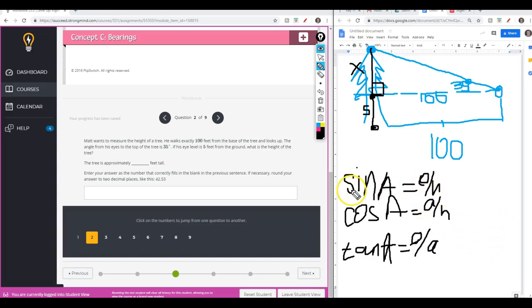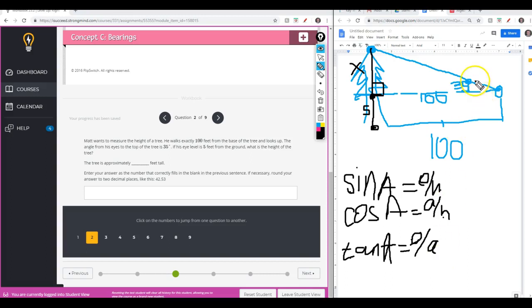So again, remember it's SOHCAHTOA as an acronym to remember it. The S is for sine, the O is for opposite, and the H is for hypotenuse. CAH: C is for cosine, the A is for adjacent, and the H is for hypotenuse. And then TOA: T is for tangent, the O is for opposite, and the A is for adjacent.